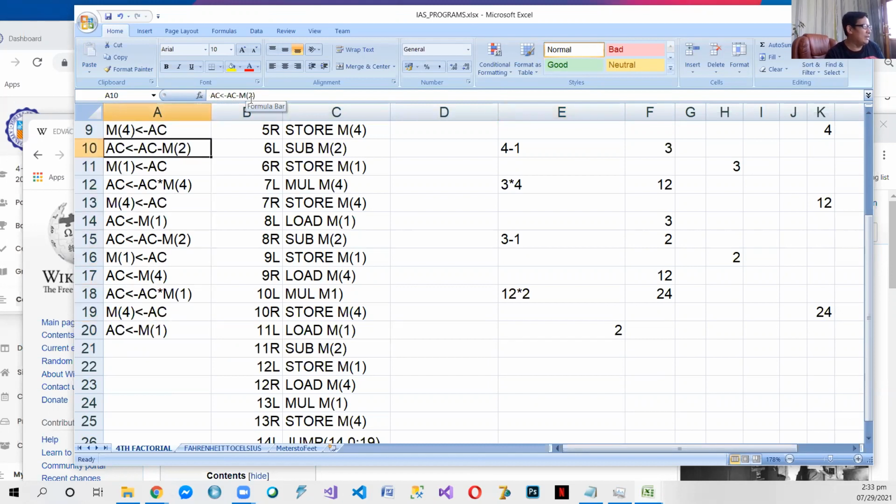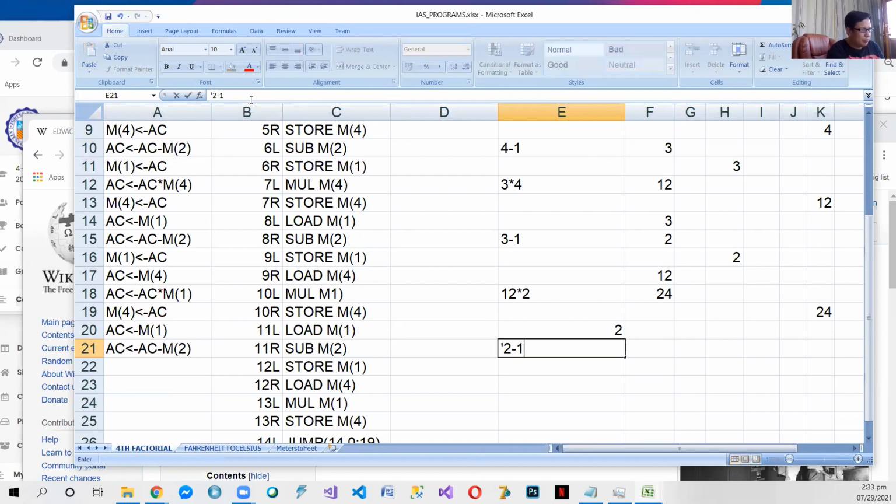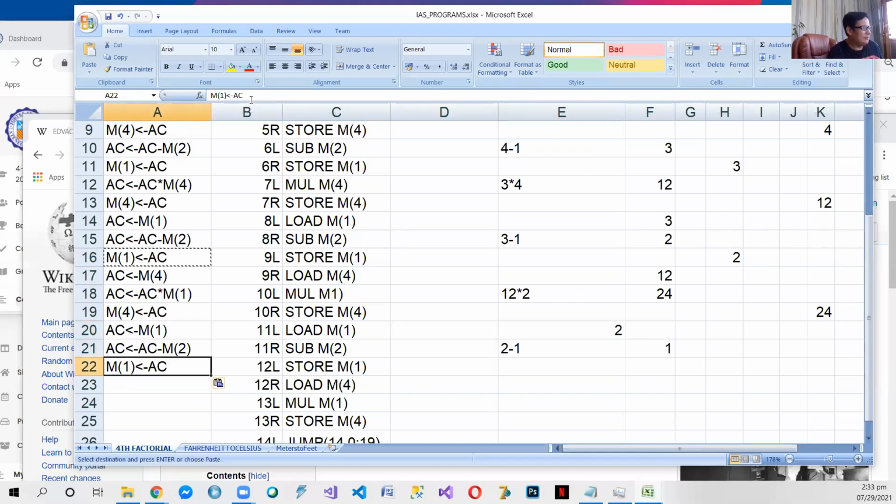So sub M2 means 2 minus 1, so the AC becomes 1. And we store to M1, the AC goes to M1. What's M1? It's now 1. Do you follow? Everyone?